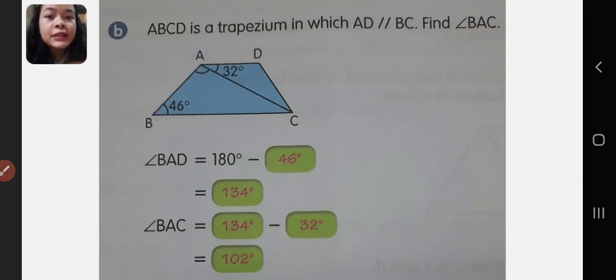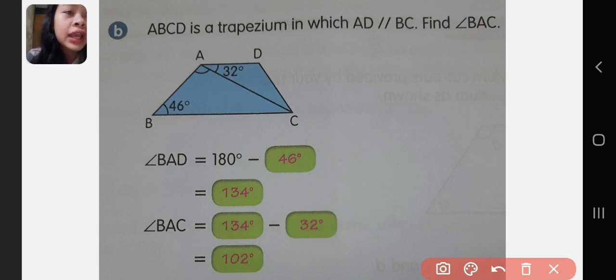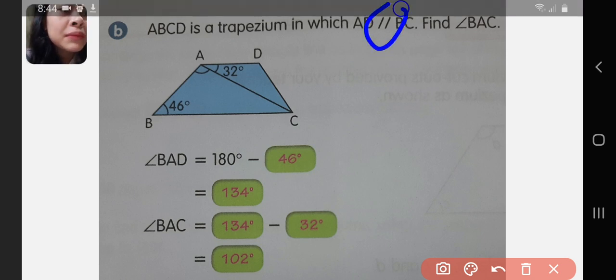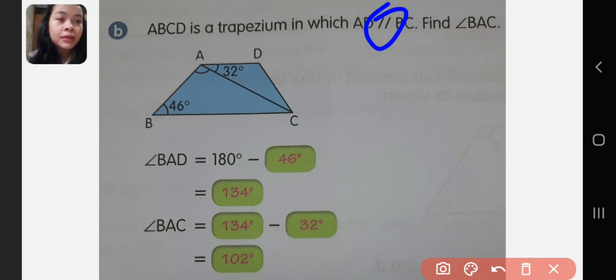ABCD is a trapezium in which AD is parallel with BC. Find BAC, this little part. Of course, BAD equals 180 degrees minus 46 degrees. Remember, BAD and ABC are between the parallel lines.